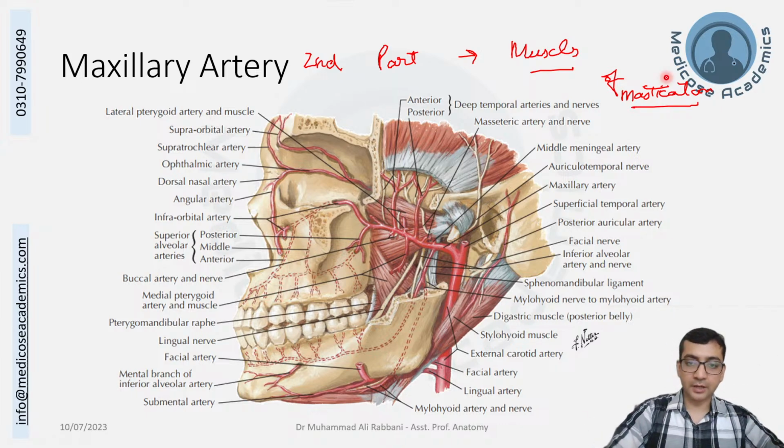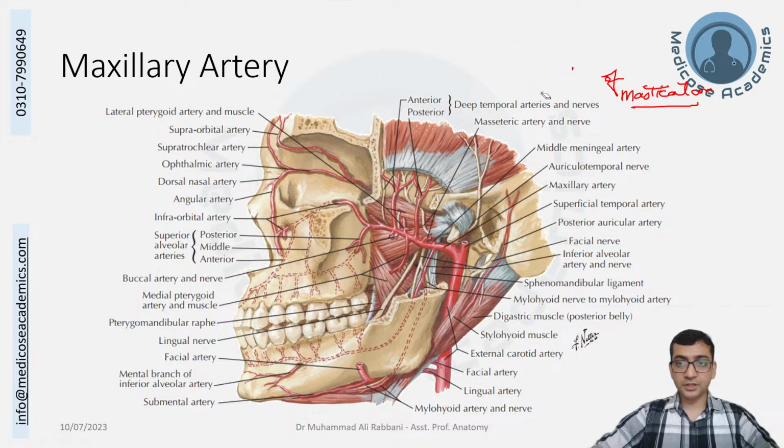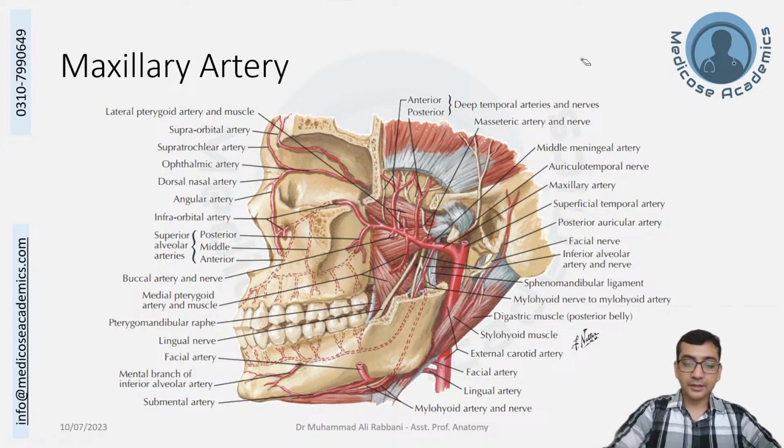The two branches are going to the temporalis muscle, there is a branch going to the lateral pterygoid, there is a branch going to the medial pterygoid, and there is a branch going to the masseter. That's it. That's simple. So congratulations, you have completed one of the most difficult topics regarding the arterial supply, the maxillary artery.